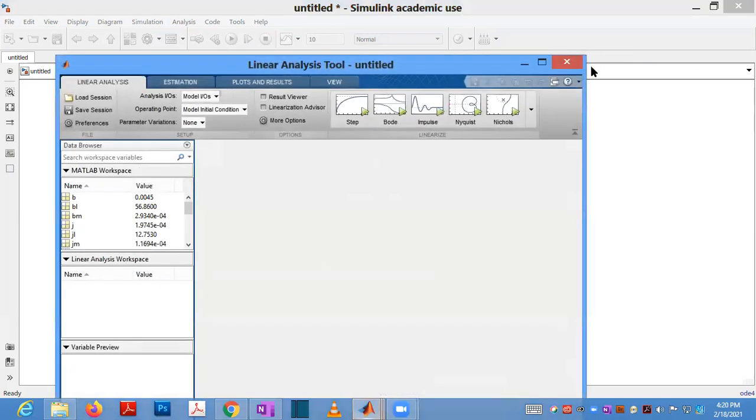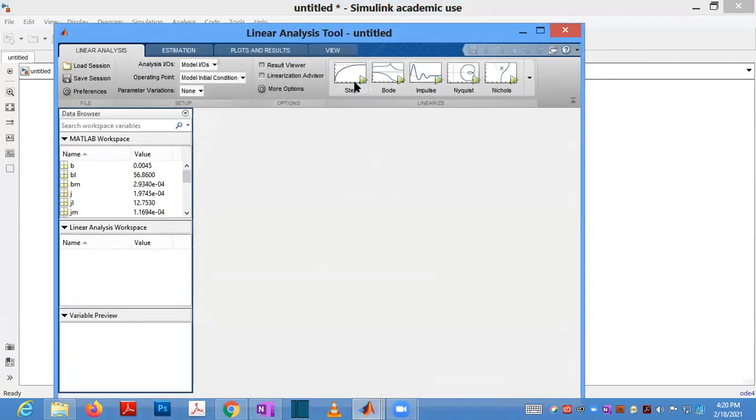This is the 2018 version. That is why it is looking like this. And you have to click the step. Then you will get the step response.